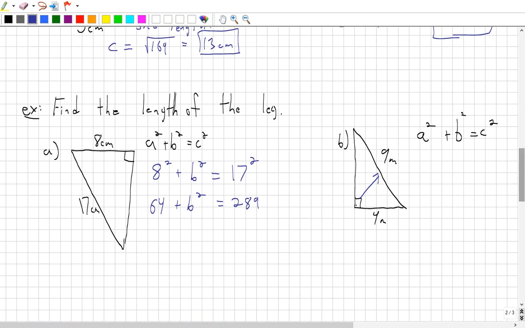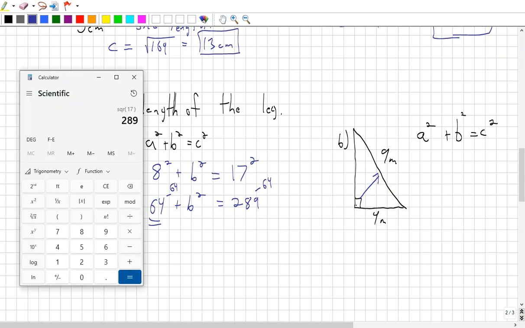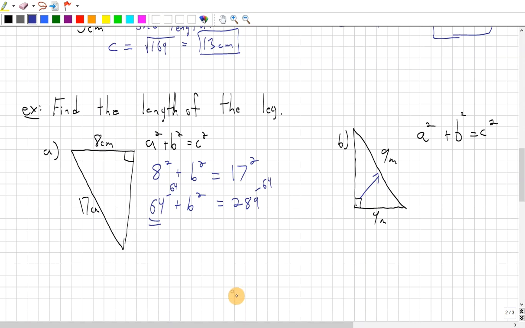In order to solve for B squared, the area of the square, I have to get rid of this 64 by subtracting 64 on both sides. Whatever you do to one side of the equation, you have to do to the other side. So 289 minus 64 gives me 225.